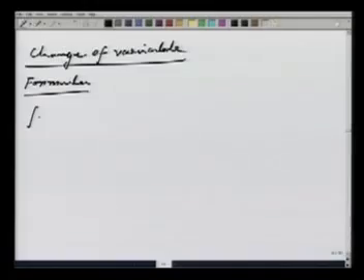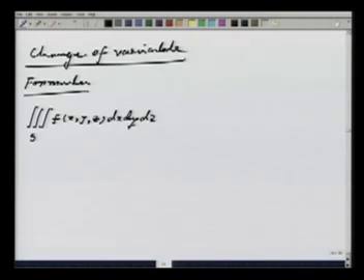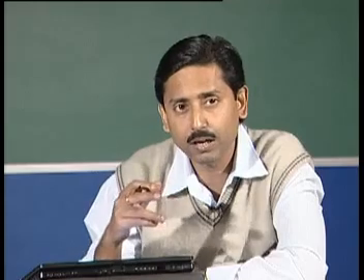So the usual formula looks like triple integral over S, f of x, y, z, dx dy dz. This is the same as triple integral over T, f of x of u v w. In the two-dimensional case, x was a function of u and v.